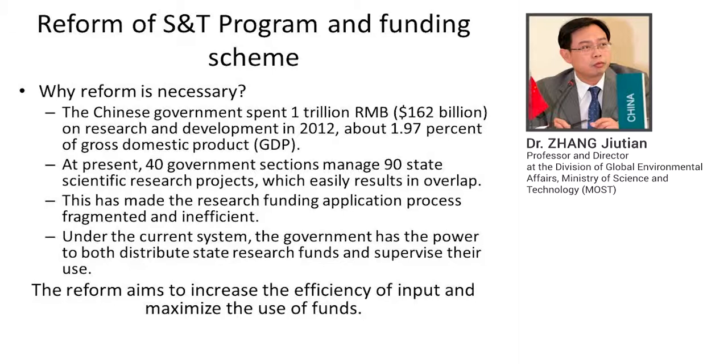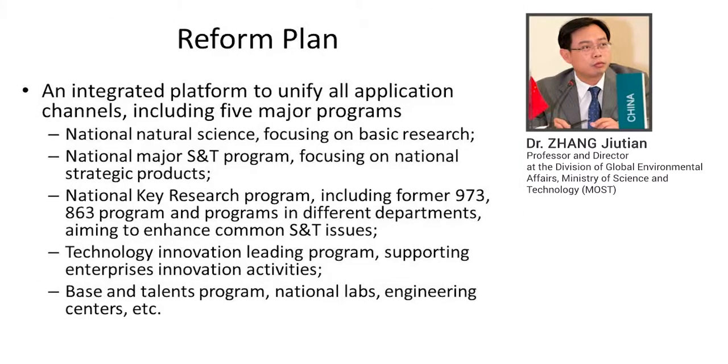The reform aims to increase the efficiency of input, the money input, and maximize the use of the money. To do this, an integrated platform will be established to unify all application channels. There will be 5 major programs in China when the reform is done.